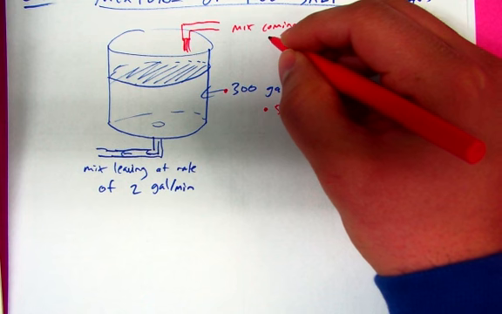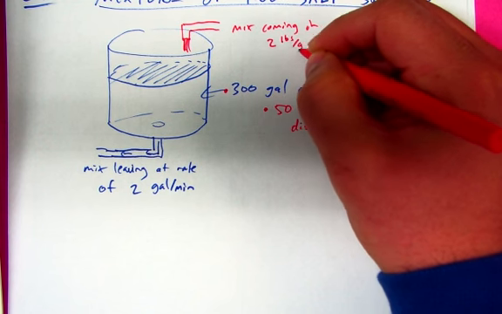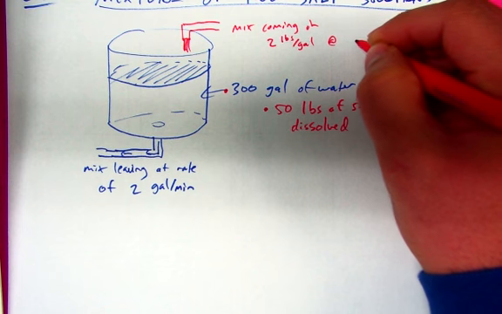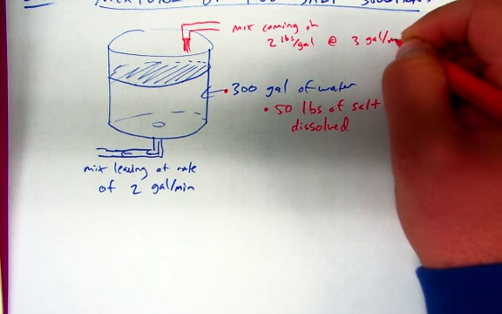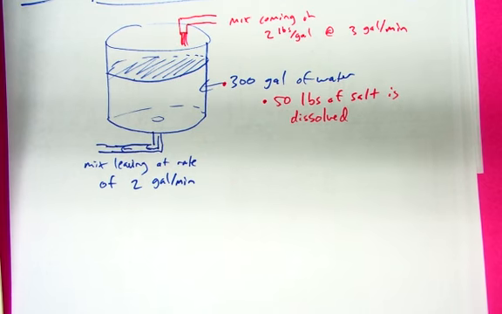Concentration is 2 pounds of salt per gallon at a rate of 3 gallons per minute. Okay.